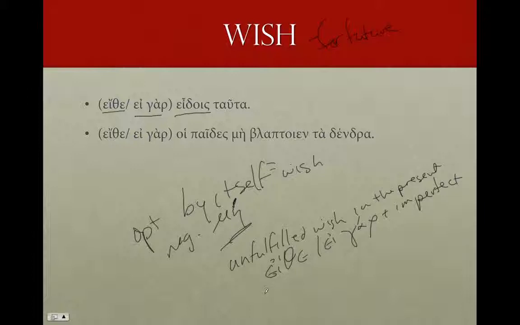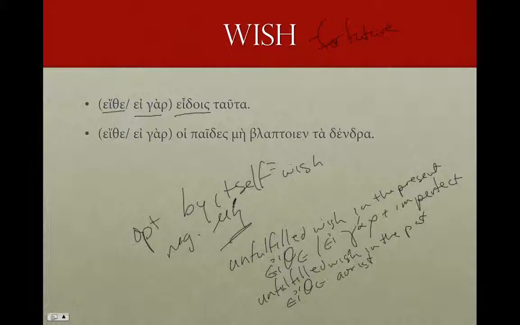We could also have a regret, right? I wish I hadn't gone to that movie. I did go to that movie. It's an unfulfilled wish in the past. As is contrary to fact, I did go to the movie. We're going to introduce it still with eithe or ei gar, but we're going to use the aorist, just like a past contrary to fact condition.